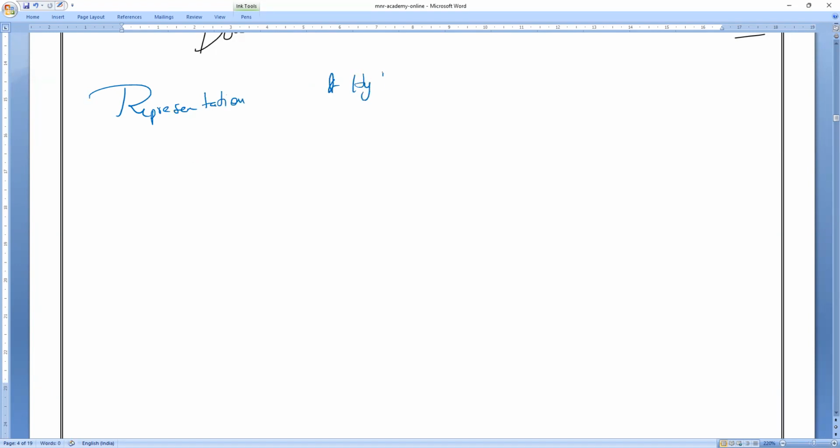Now, representation of hydrocarbons, the most important thing, I already told you. First one, if anybody asks what is the molecular formula, you should write it in the form of a bond-free formula. That is the best example of representation of a molecular formula.